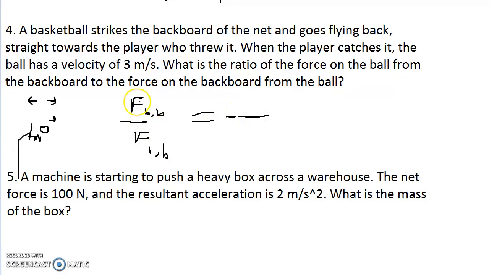Although they are the same magnitude, they're in the opposite direction, so that's going to give us a negative sign, but this ratio is 1 to 1, or comes out to -1.